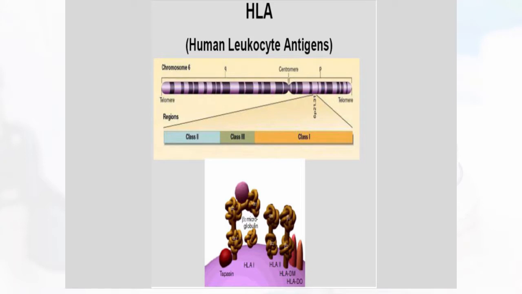The genes for celiac, like other genes that are associated with autoimmune disorders, are located on the long arm of chromosome number 6. And they encode for MHC molecules, MHC type 2 molecules. Now, why do those genes cause these problems?